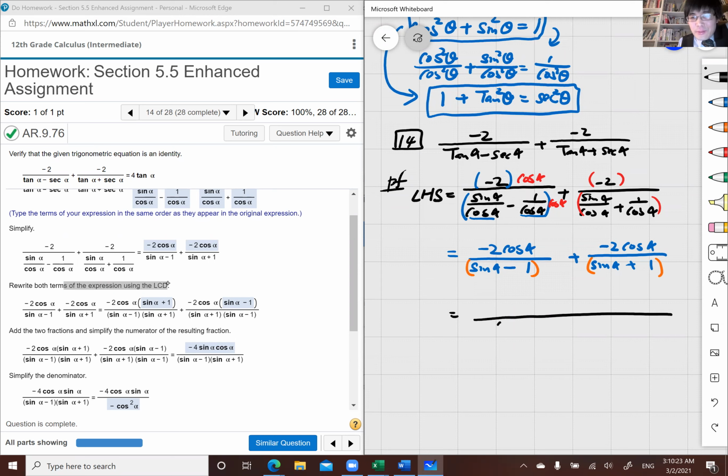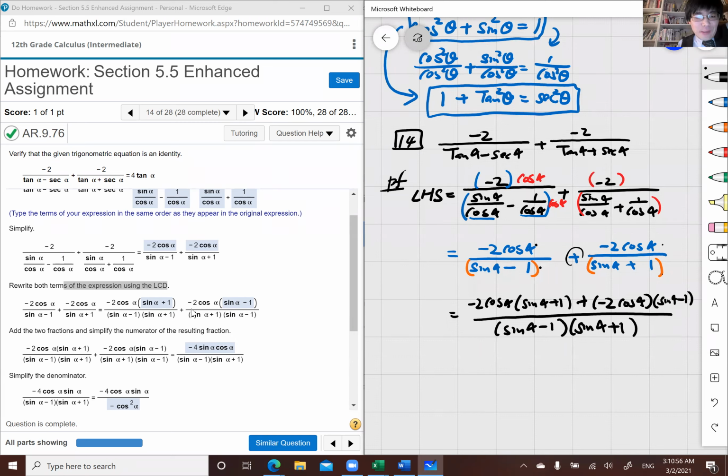The denominator will become this, and the first fraction you multiply top and bottom by sine alpha plus 1. Okay, that's the first part. Plus the second fraction is multiplied top and bottom by sine alpha minus 1. So it's going to be minus 2 cosine alpha multiplied by sine alpha minus 1.